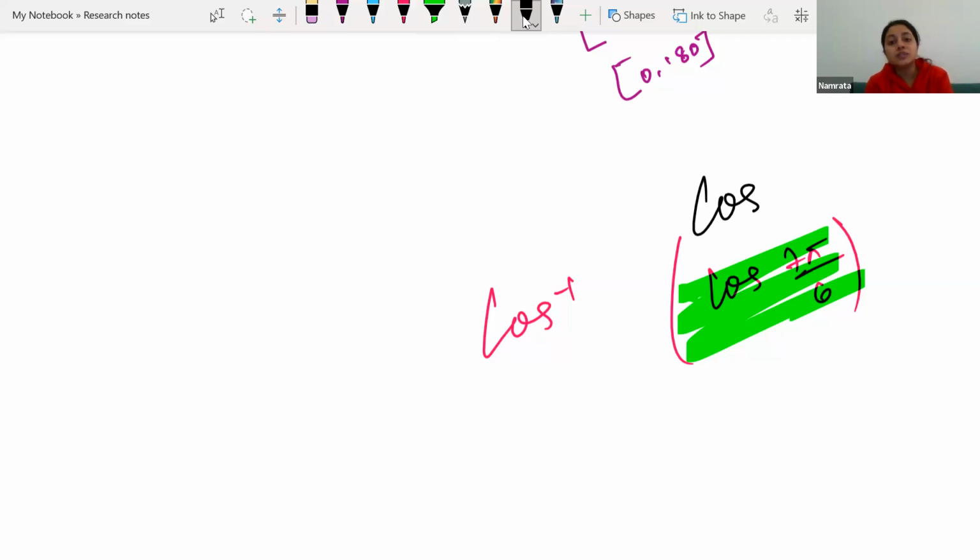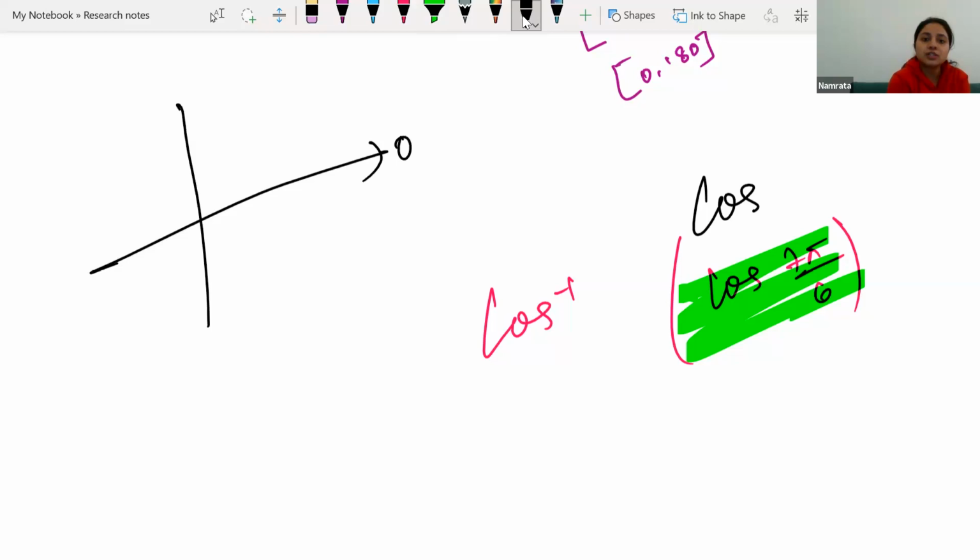So again we will think about changing this angle 7 pi by 6, so that no transformation occurs, which is on the x-axis. Here 0 is there, here pi by 2 is there, here pi is there, and here 2 pi is there. And we know here on the x-axis no transformation occurs.